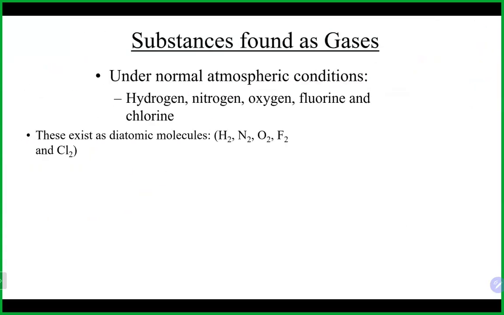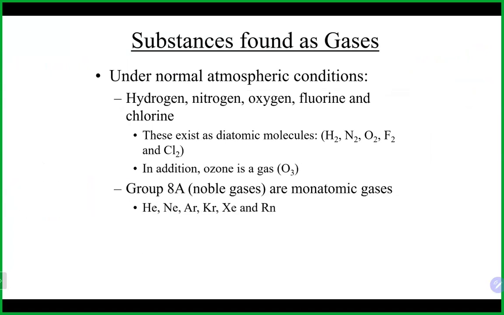Now, let's talk about some substances that obviously are gases under normal conditions. Our hydrogen, nitrogen, oxygen, fluorine, and chlorine. These are our diatomic molecules, which are elements. They're all gases. Ozone, which is O3, is a gas. And then obviously group 8 on the periodic table, our noble gases: helium, neon, argon, krypton, xenon.